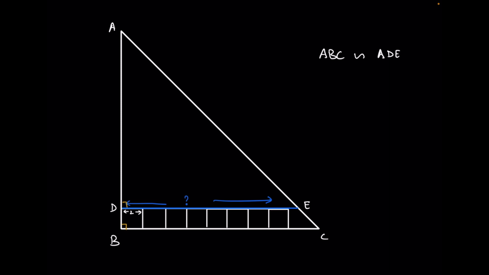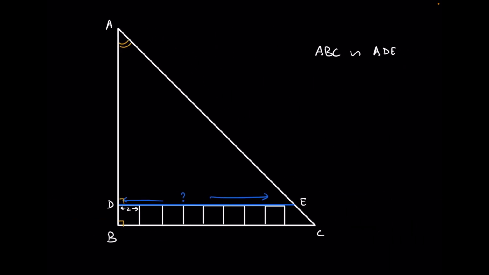So basically these two angles D and B are equal. The second thing is that the angle A is shared between them, right? So by the AA or angle-angle similarity rule, these two triangles are similar.